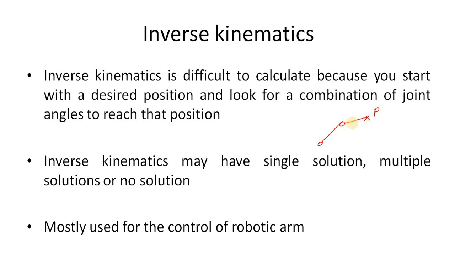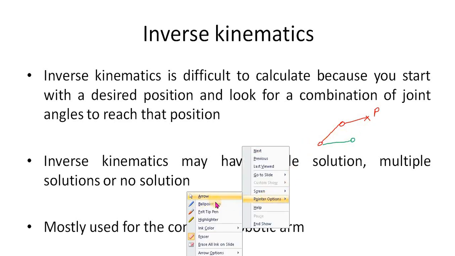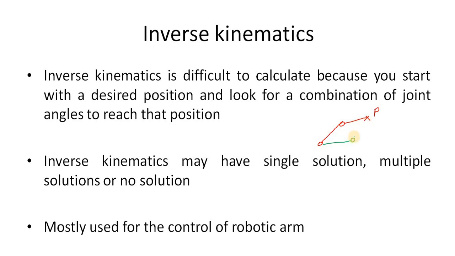For example, a robot can have this configuration and reach your point P, but it can also have something like this configuration and still be able to reach your point P. So that's why there can be different values of your theta 1 and theta 2, the angles. That's why they call it having multiple solutions.